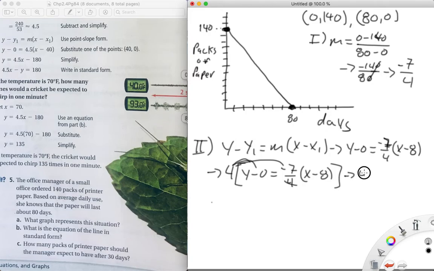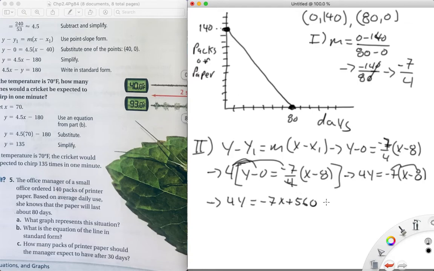That's going to give me 4y. I'm not worried about the 0, equals negative 7 times x minus 80. Then I'm going to distribute that 7 across, and that's going to give me 4y equals negative 7x plus 560.